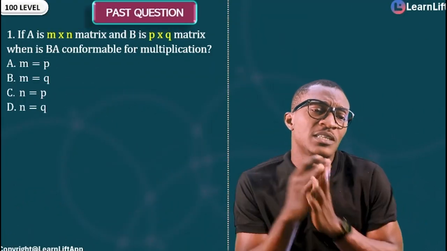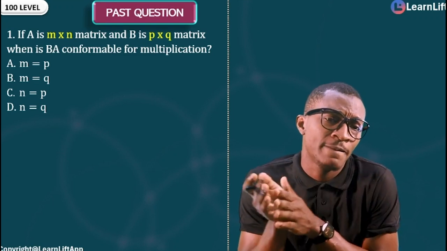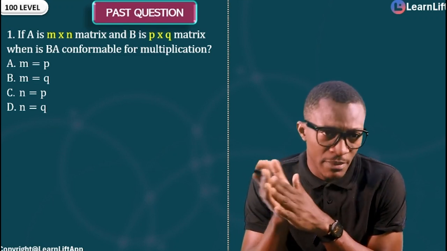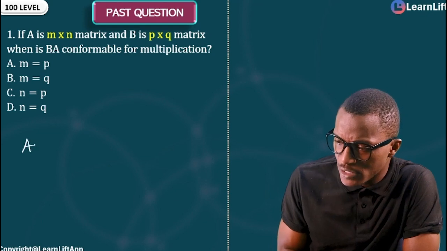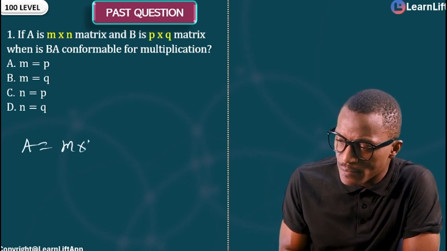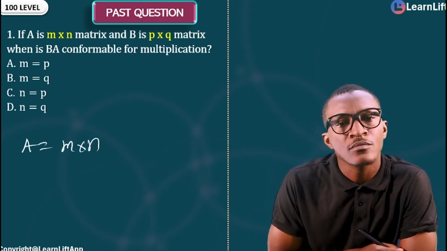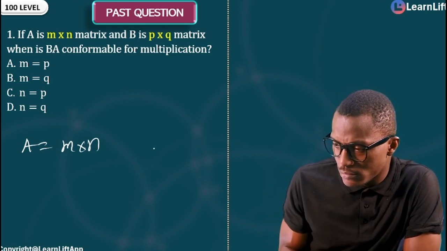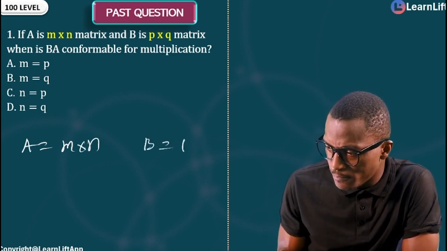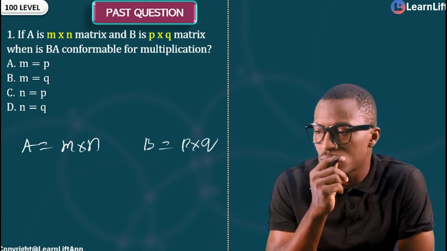The past question says that a matrix A is an M times N matrix, and a matrix B is a P times Q matrix.